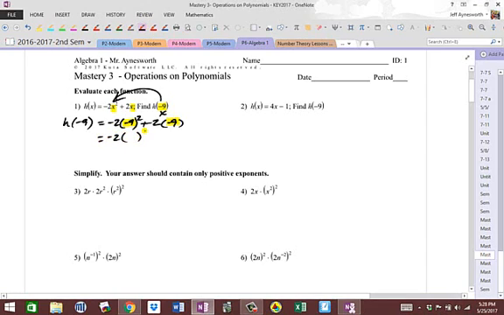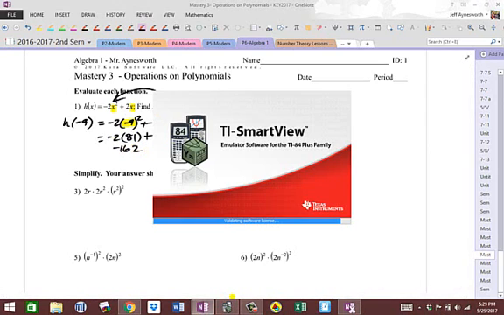So you always evaluate your exponents first, because negative 9 squared means negative 9 times negative 9, which is 81. Plus 2 times negative 9, which is negative 18. So what is negative 2 times 81? It's negative 162. Now, if you need a calculator, if you're weak on arithmetic here, then use it.